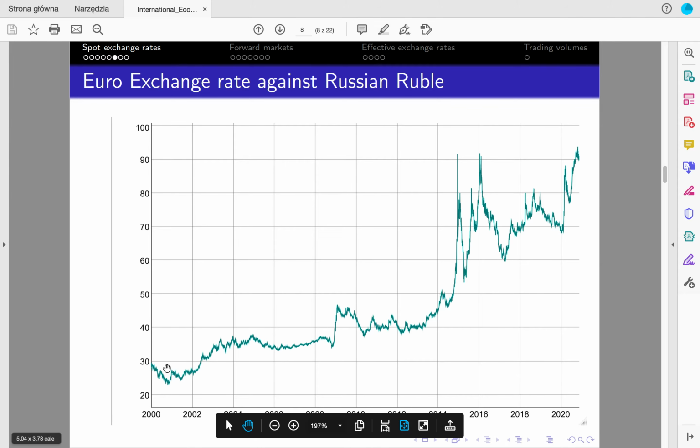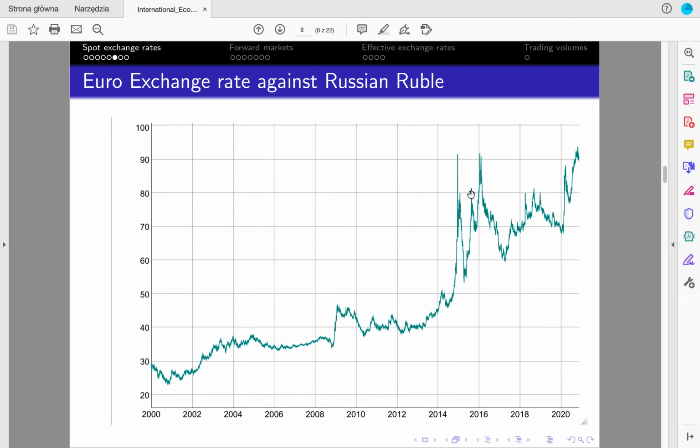And look, here we see not only volatility around some trend value, but what we see over here is a secular movement towards depreciation of the Russian ruble.